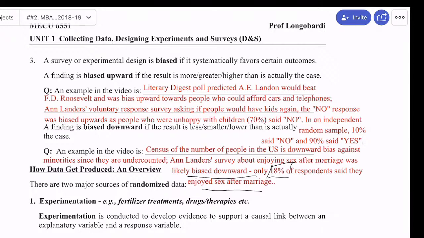Okay, so if you ask the question, if you were to marry your spouse again, would you do it? If you were, let's say, in front of the spouse, you ask the question, would you marry them again?